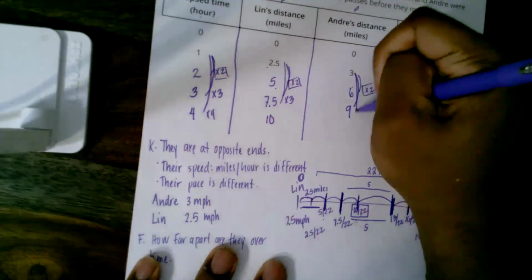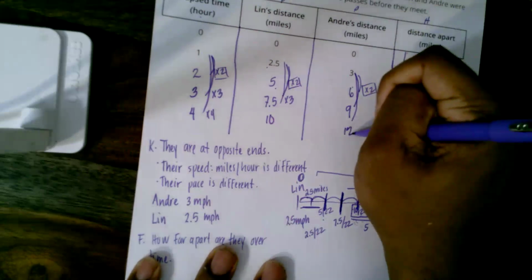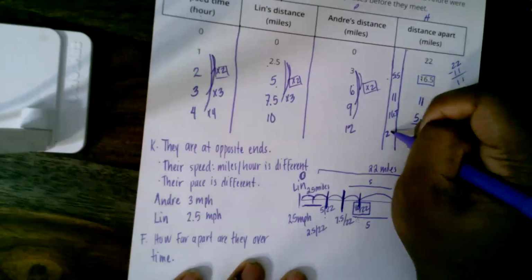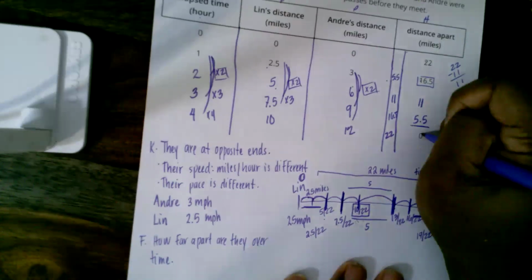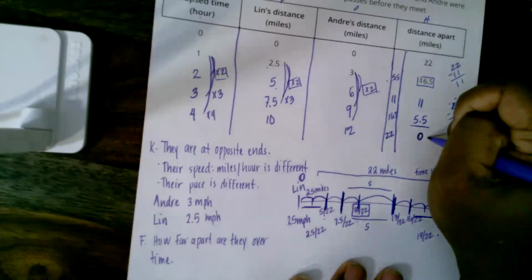Okay, 10. Oh, so now both of them traveled 22 miles, which makes them 0 miles apart, which means here they meet.